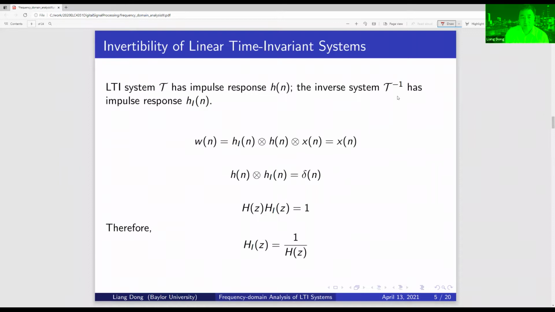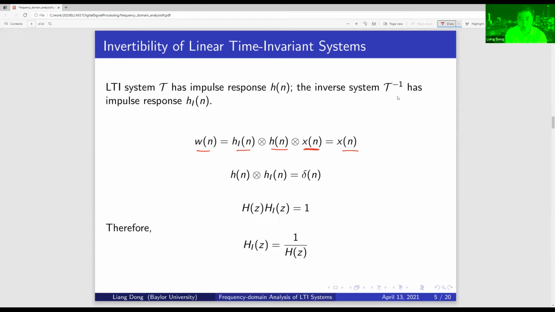The LTI system T has impulse response Hn. The inverse system T to the power -1 has an impulse response we call H sub I. Because Wn is equal to Xn, signal X goes through system H, then through system H sub I. Those are the two convolutions.